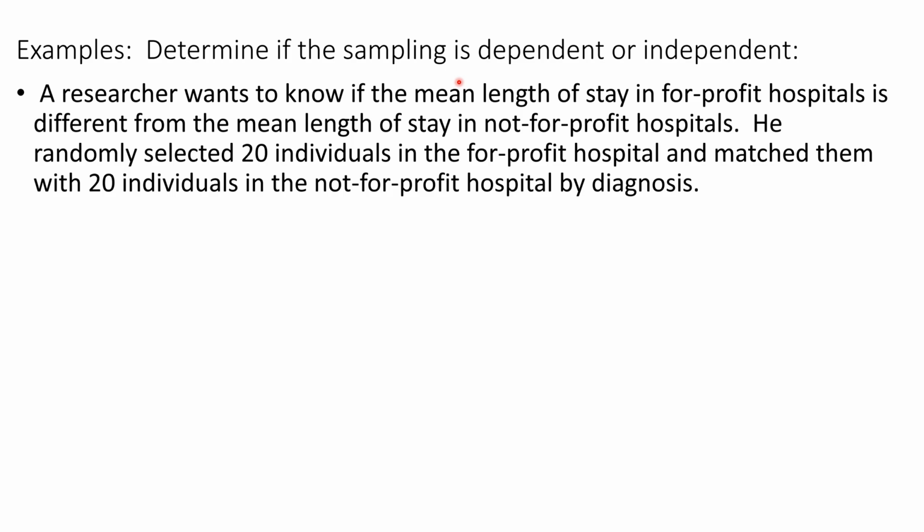He randomly selected 20 individuals in the for-profit hospital and matched them with 20 individuals in non-profit hospital by diagnosis. This sampling is a dependent sample because of the keyword matched.